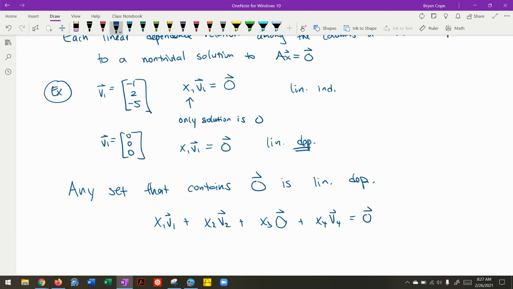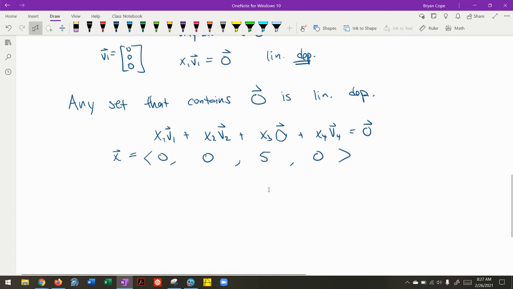Well, we automatically have a non-trivial solution because this is possible with just any made-up vector, right? Like suppose the x vector is (0, 0, 5, 0). That's going to work, and that's a non-trivial solution, and we can always do this if a set contains the 0 vector. All right, so let's talk about sets of 2 vectors now, instead of just sets of 1.